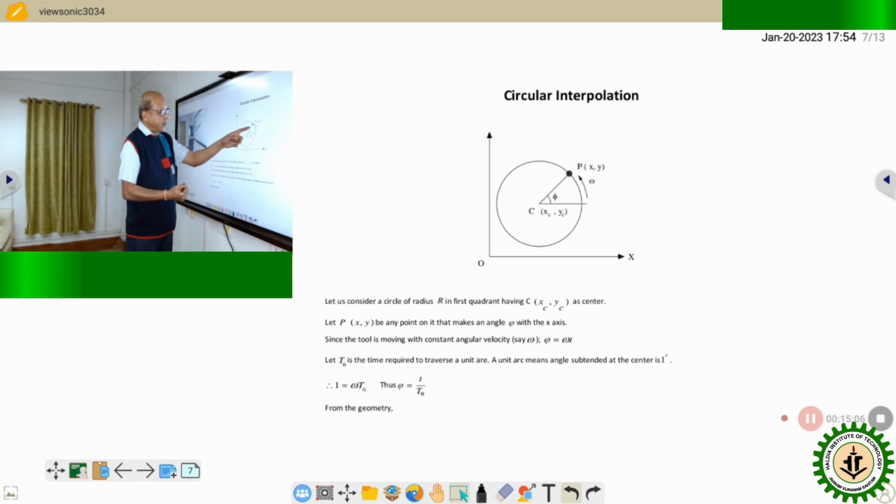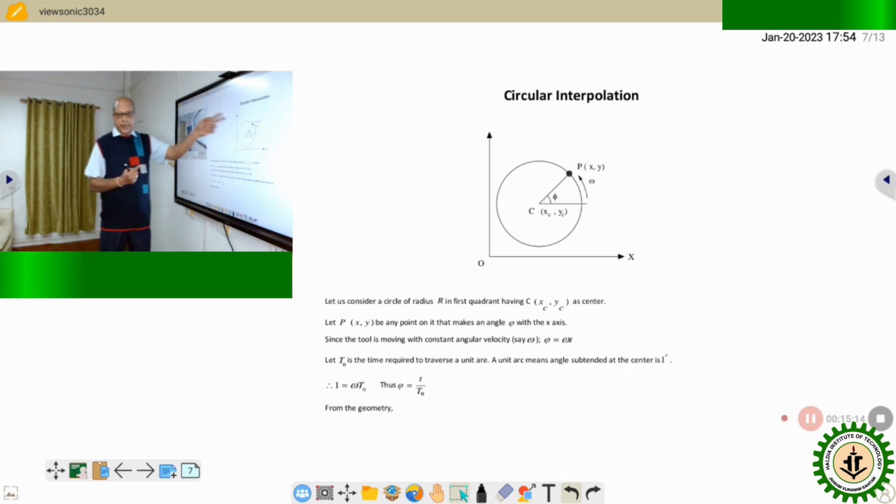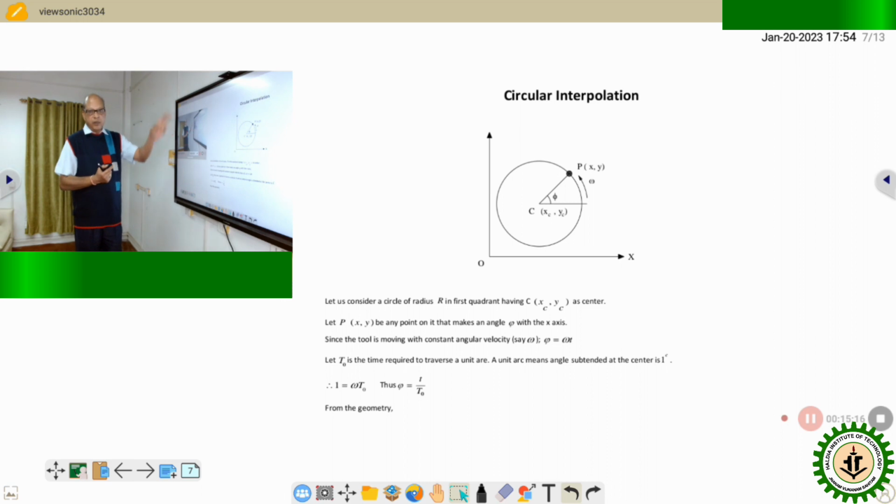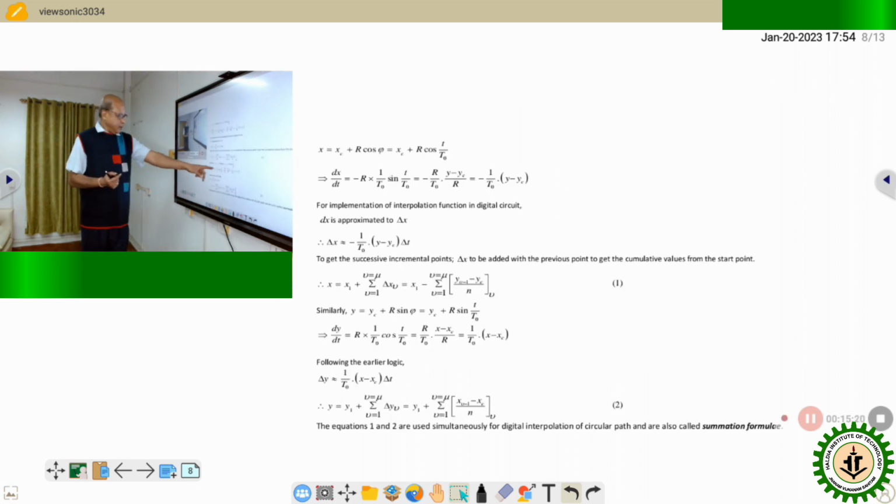If you take any two intermediate points, you will find that as it moves anti-clockwise, the instantaneous x value decreases and the y value increases. That is why there is a negative sign here, and in case of y it is positive.